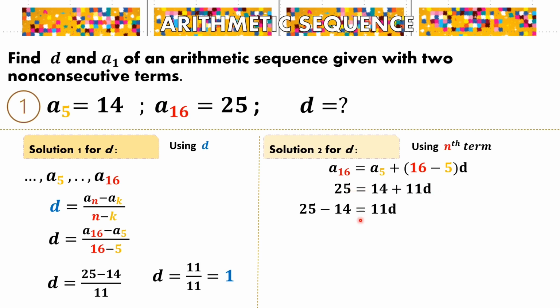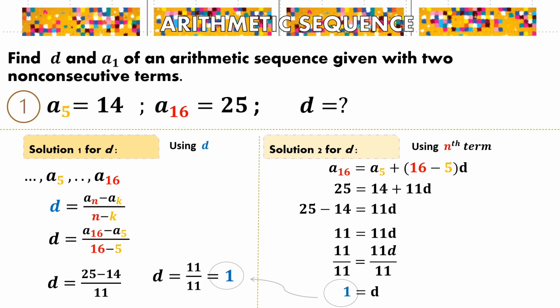So by applying the subtraction property, we have 25 minus 14 equals 11d. 25 minus 14 is 11, equals 11d. Applying the division property, 11 divided by 11 equals 11d divided by 11, so 1 is equal to d, or d is equal to 1. So we've got the same answer, which is 1.